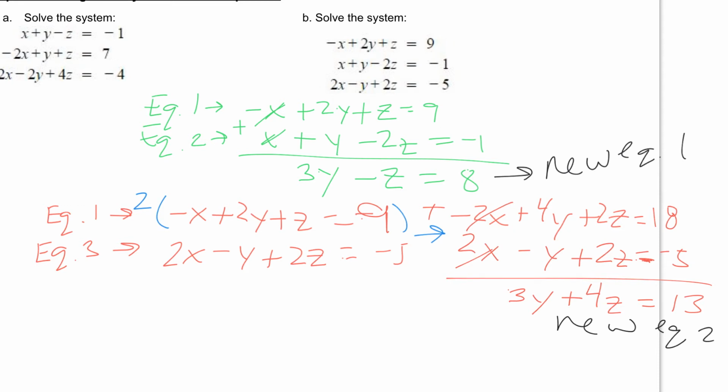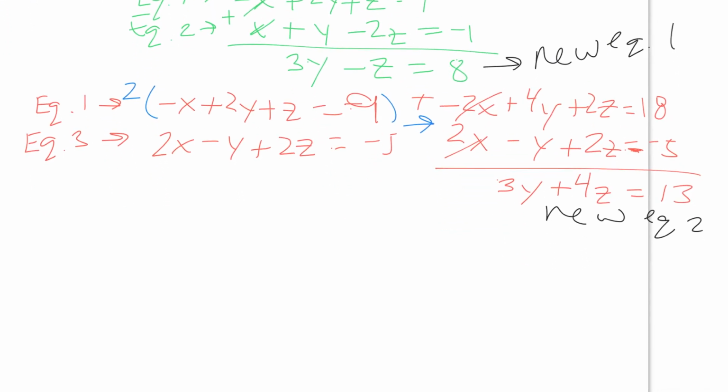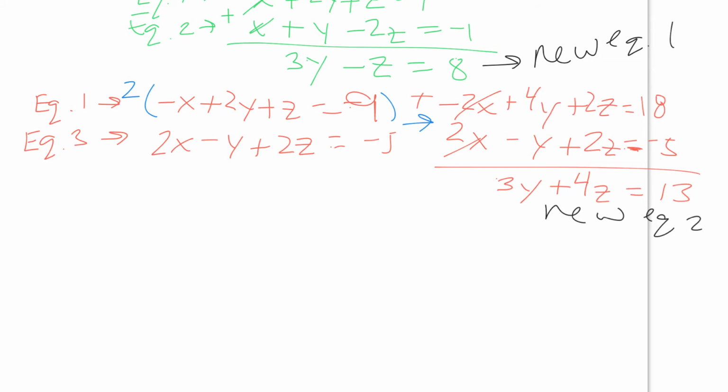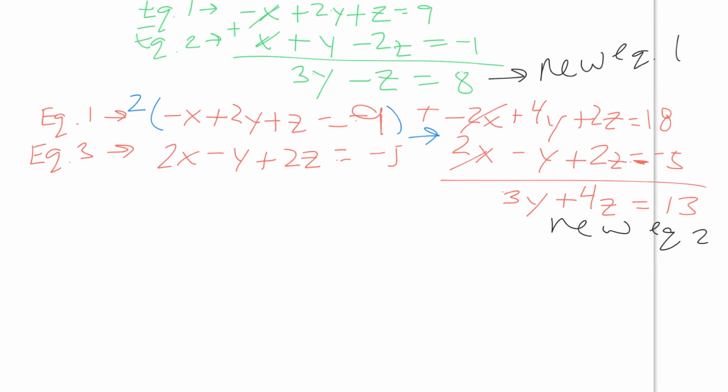And I'm going to use those two new equations to solve my 2 by 2 to solve for y and z. So new equation number 1 is 3y minus z equal to 8, and new equation number 2 is 3y plus 4z equal to 13. And if I'm going to solve this, I can eliminate either my z's or my y's.